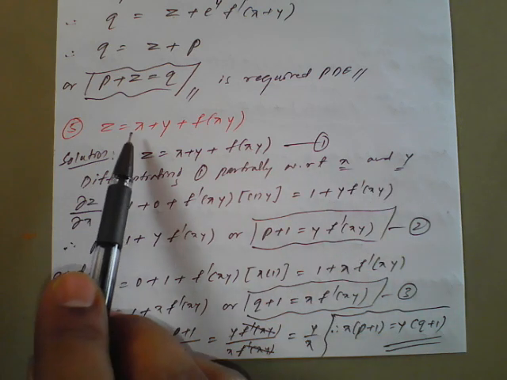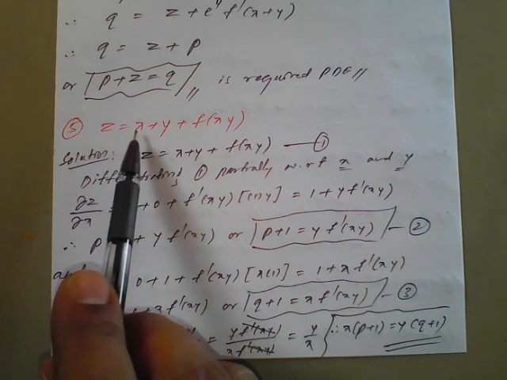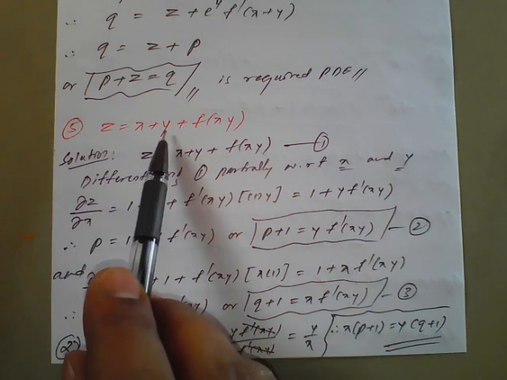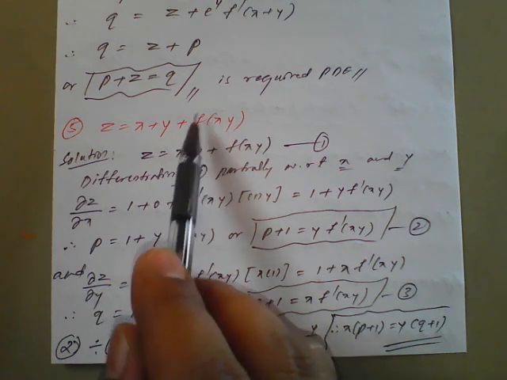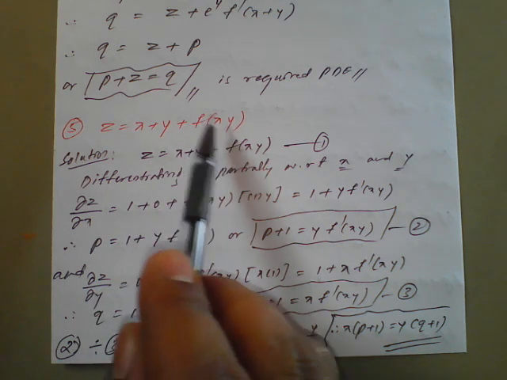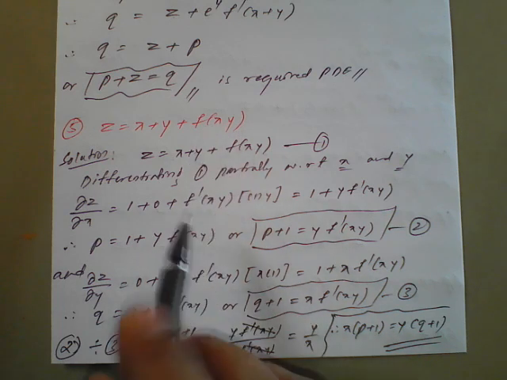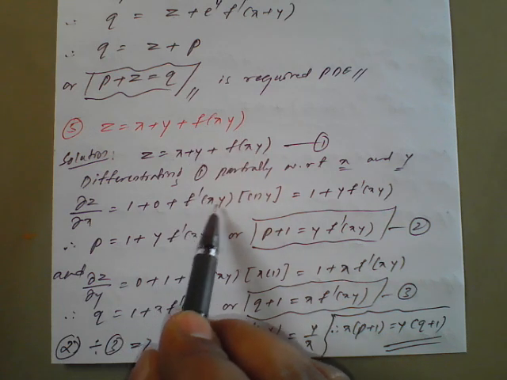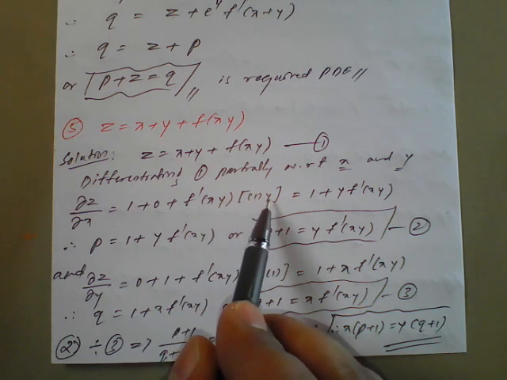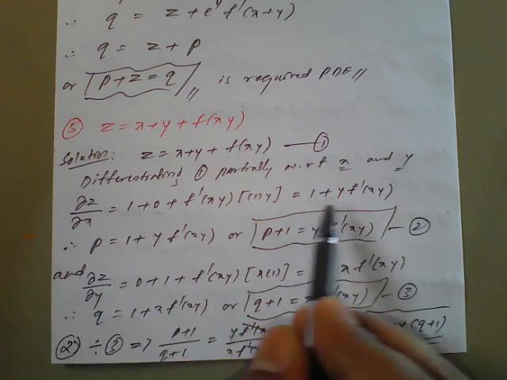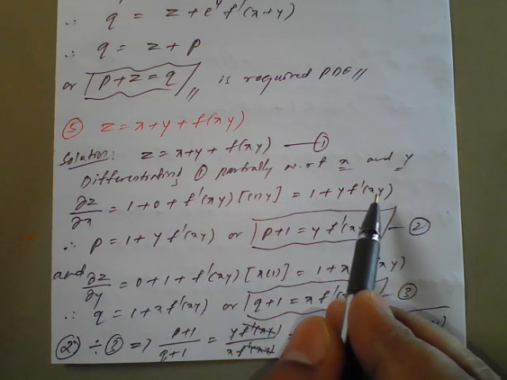So with respect to x partially, it will become dou z by dou x. Derivative of x with respect to x is 1. Derivative of y with respect to x is 0, plus we need to go for the partial derivative with respect to x for the function of xy. So f dash of xy, and the differentiation of xy partially with respect to x is 1 into y. So on simplification, 1 plus y times f dash of xy.